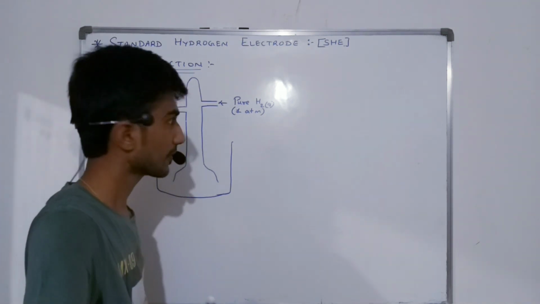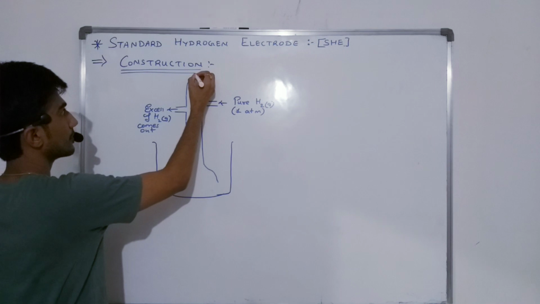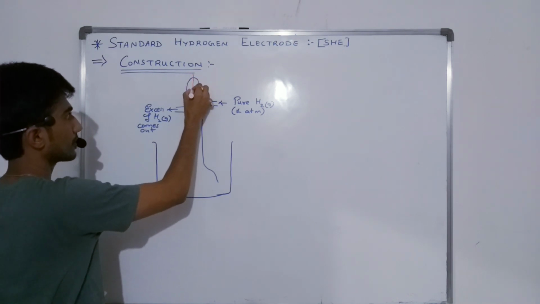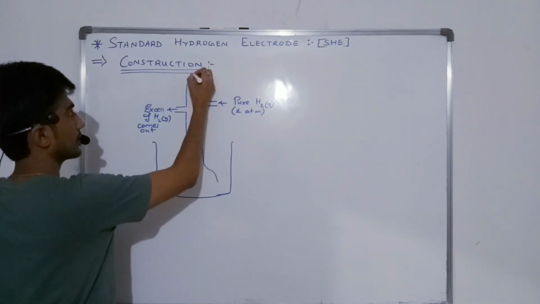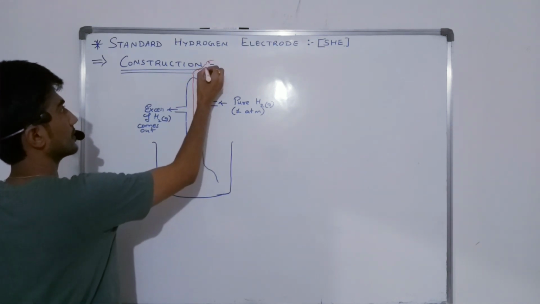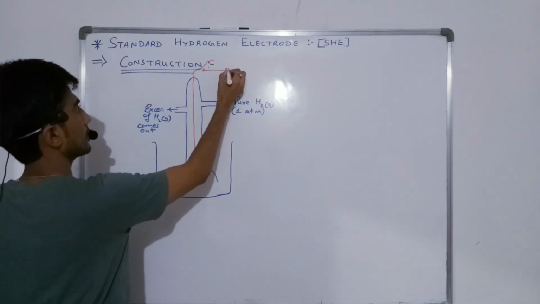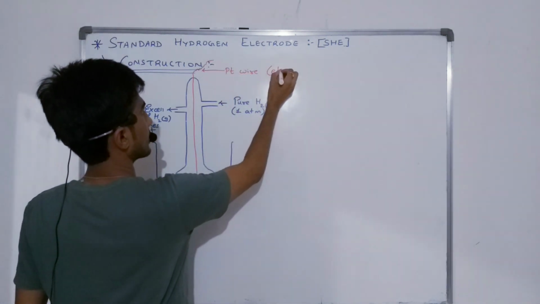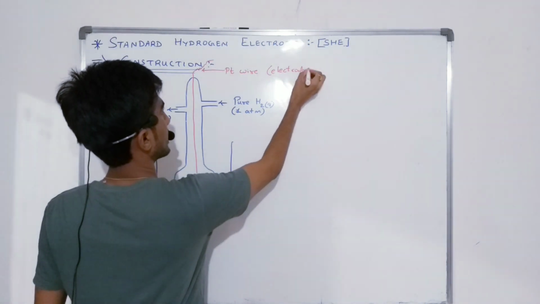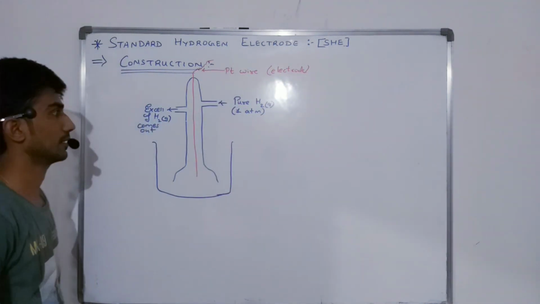In this, one platinum wire is immersed. It can be written as platinum electrode or platinum wire.